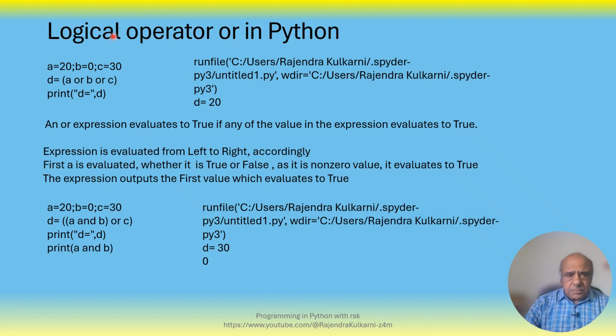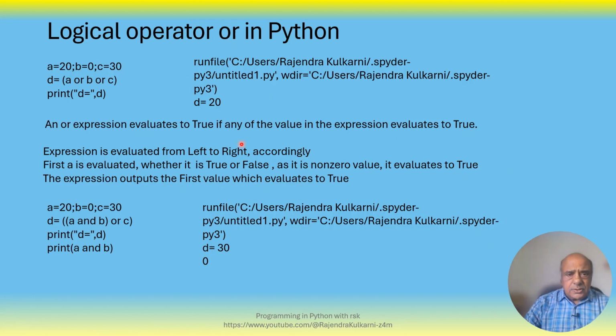Now in this example program, a is equal to 20, b is equal to 0 and c is equal to 30. First a is evaluated, a is 20, so it will be true. Then the expression outputs the first value which evaluates to true.